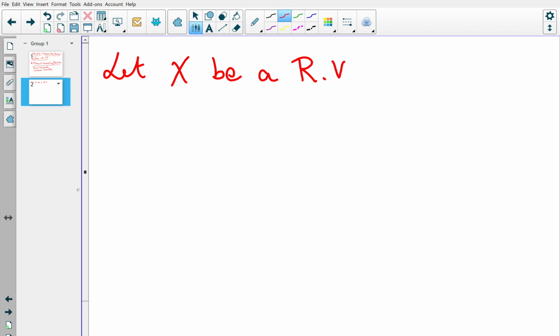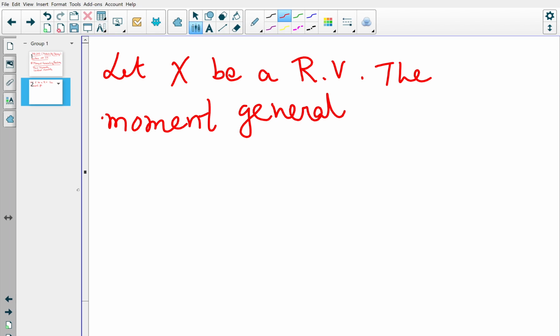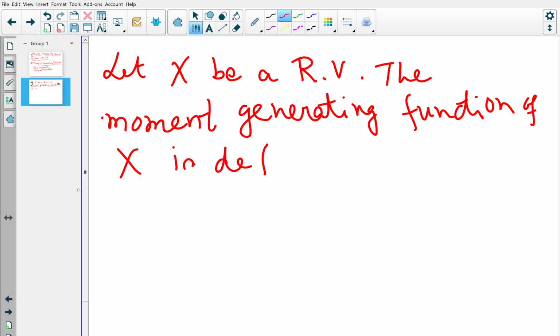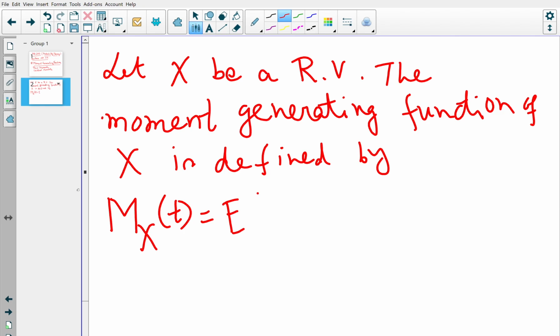We define the moment generating function of X, with X standing for the random variable and t a real variable, by M_X(t) = expectation of e power tX. Here t is a real number.